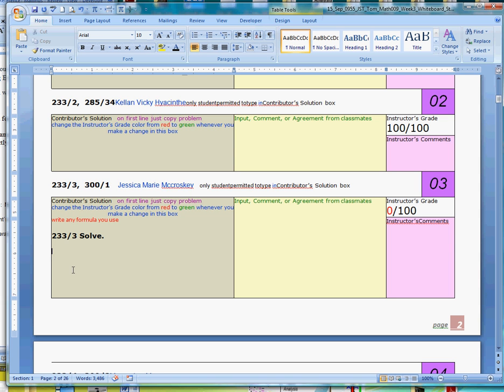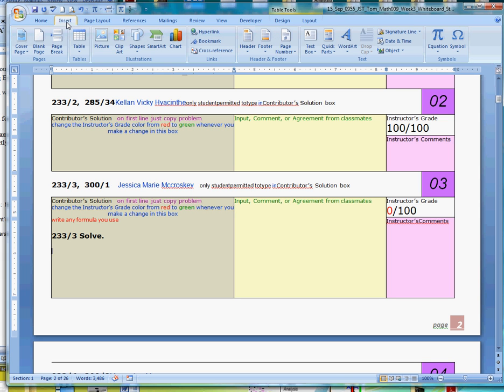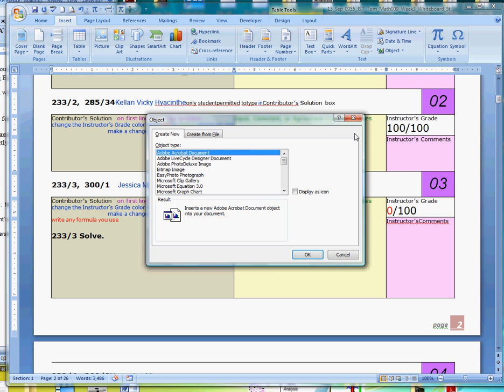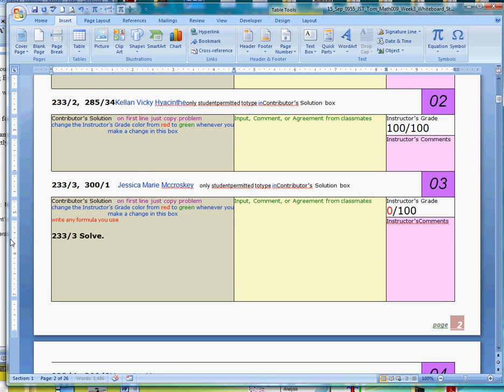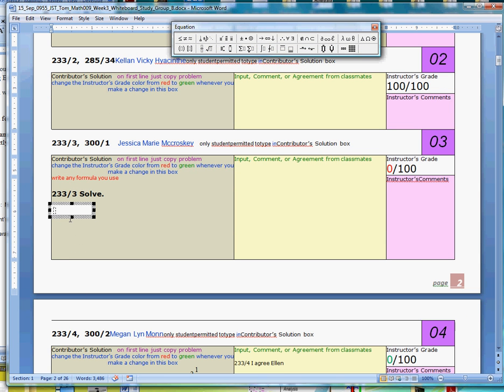Since this is an arithmetic problem, we have to invoke the equation editor. That, as usual, is done by clicking on Insert, clicking on Object, then clicking on Microsoft Equation 3.0, after we have put the cursor at the point where we wanted this to appear. I will now copy the problem as it exists in the textbook.